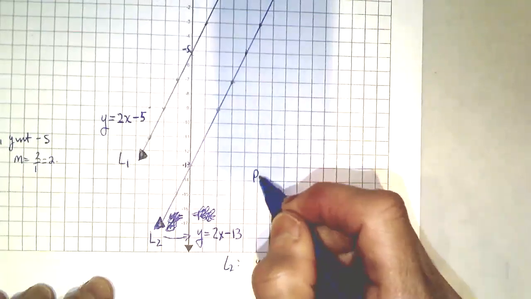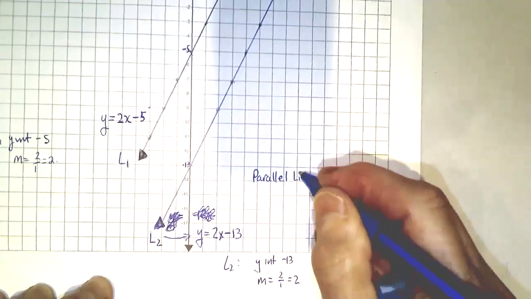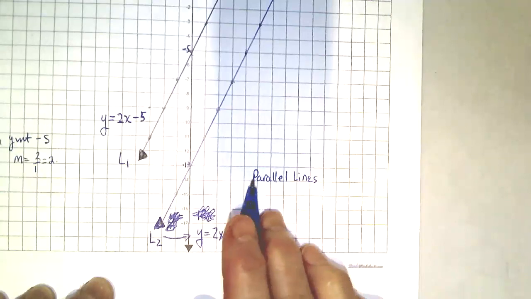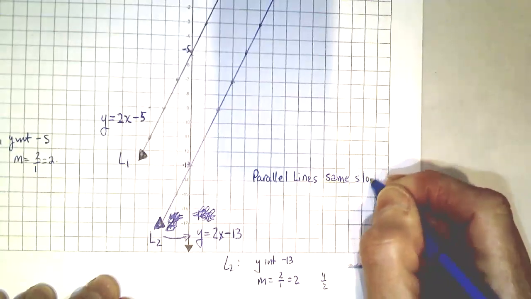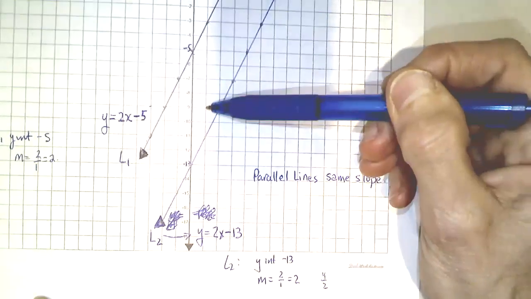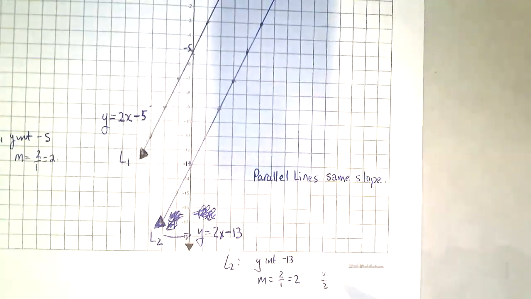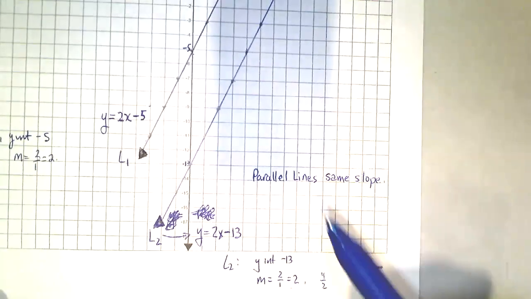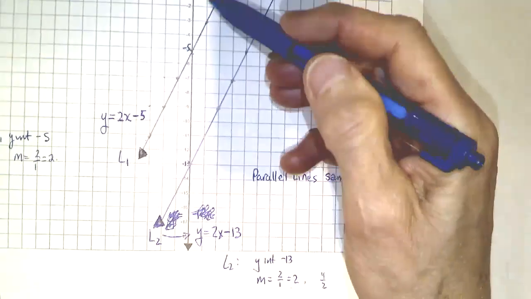And this is a fact. Parallel lines like L1 and L2 have the same slope. Now be careful. The same slope merely means that if you count rise over run, you would get the same numeric value as on its partner parallel line.